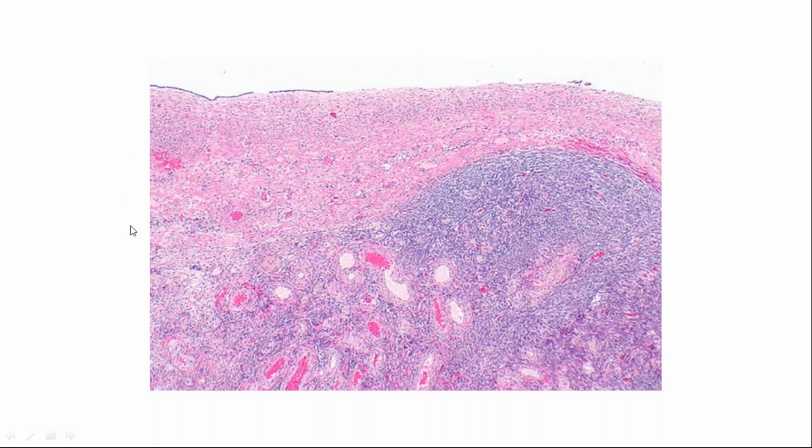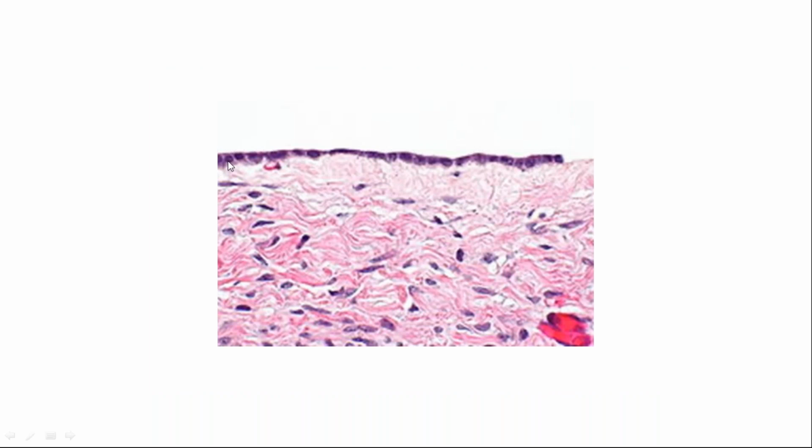So coming to microscopically, see, this is the cyst wall. This is the normal ovarian parenchyma. This pink one is the cyst wall. And this is the underlying stroma showing fibroblasts. These long spindle ones are the fibroblasts.